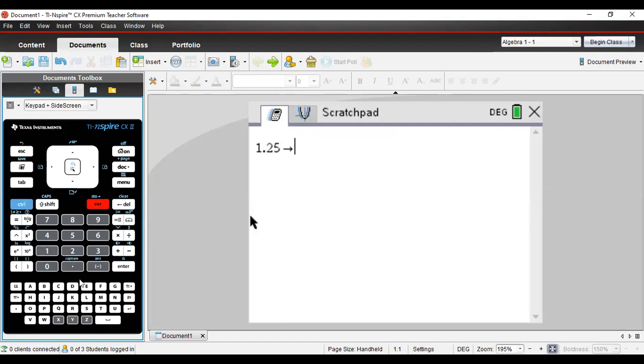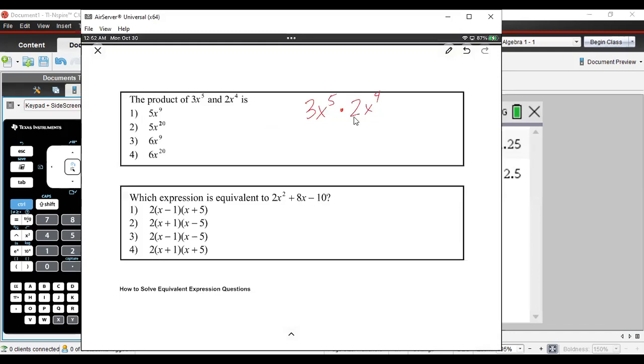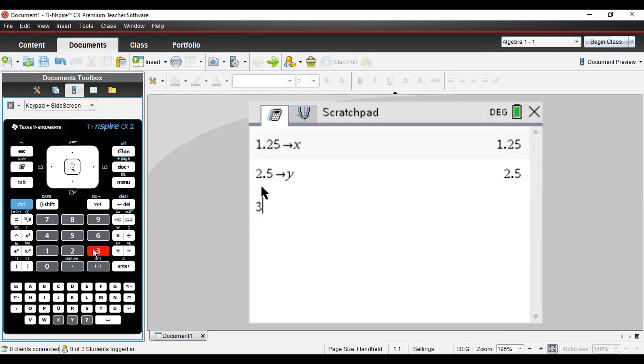I'm going to store that into X. And then I'm going to take 250 and store that into Y. And then I'm going to just type in what I had. So what I had is 3x to the fifth times 2x to the fourth. So that's what I'm going to key in, 3x to the fifth, and then times 2x to the fourth. Now I'm going to press that.